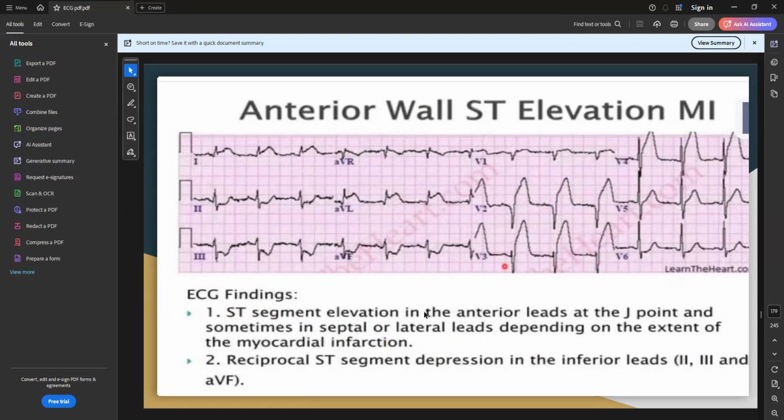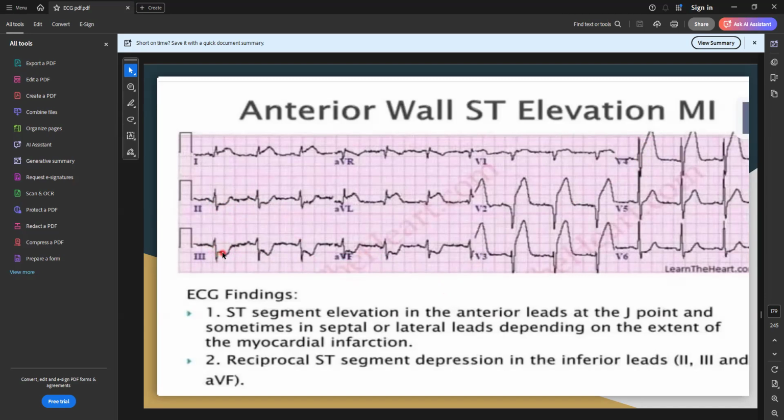What about the reciprocal changes? In case of anterior wall MI, there is ST elevation in V3 and V4, whereas the reciprocal changes are seen in the inferior leads, that is lead 2, lead 3 and AVF. Here you can see the PR segment and this is the horizontal line.